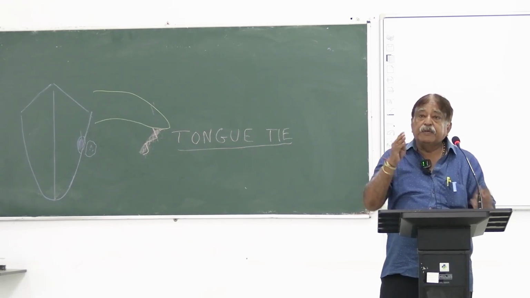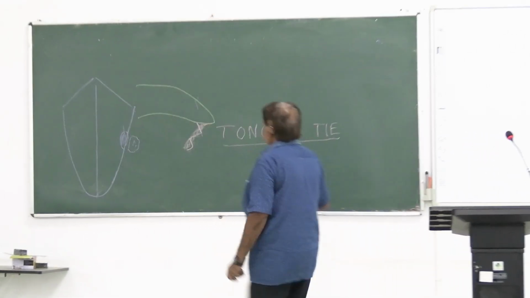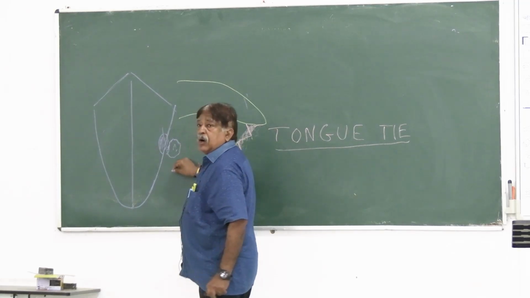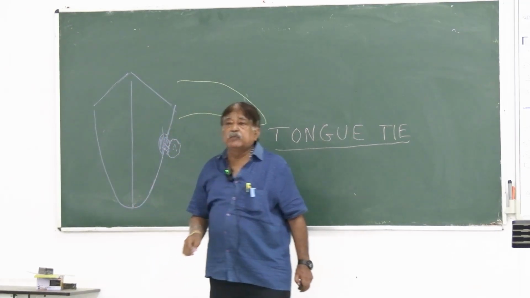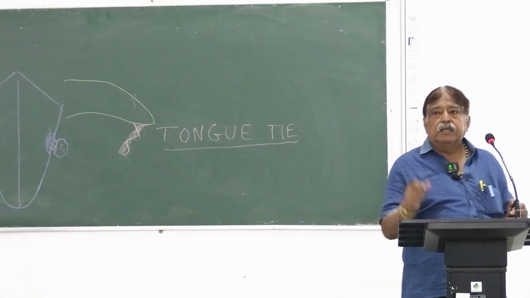Now repeated biting or a sharp, broken tooth in constant friction with this portion of the tongue might cause an ulcer. Don't take it lightly. An ulcer of the tongue should be brought to your notice.